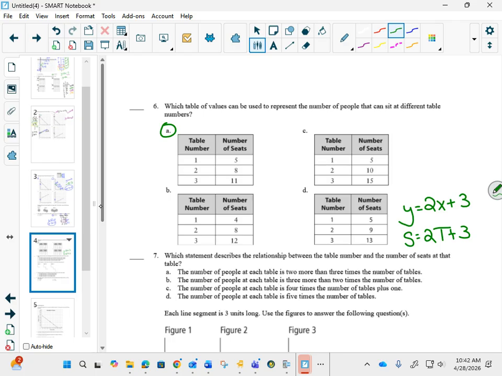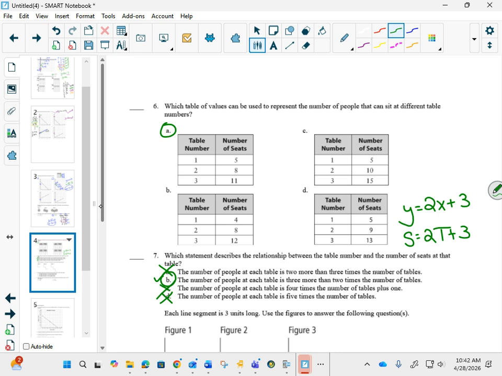The number of seats is 2 more than 3 times, no. It's 3 more than 2 times, so I'm going to put an X through that one. 3 more than 2 times, I like that one. 4 times, no, we had no 4 times. 5 times, no, it's going to be B.